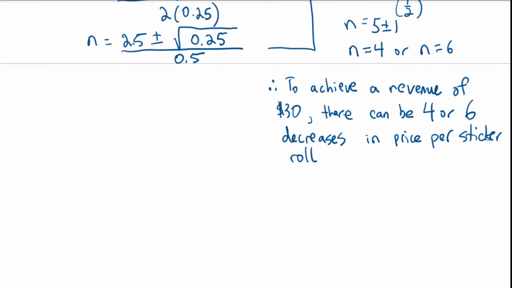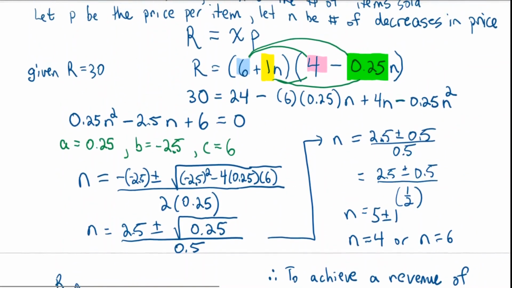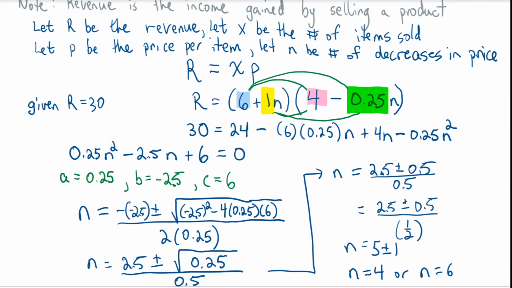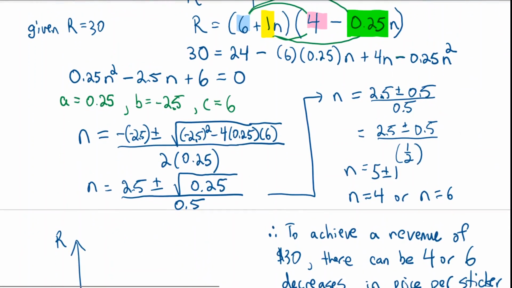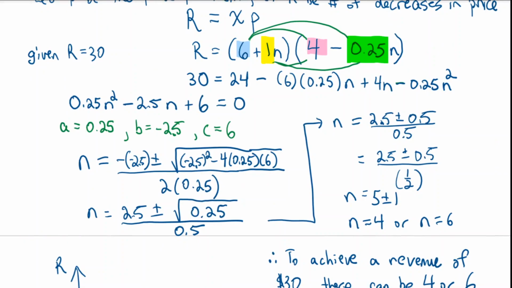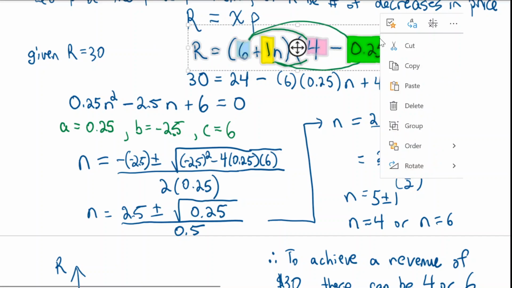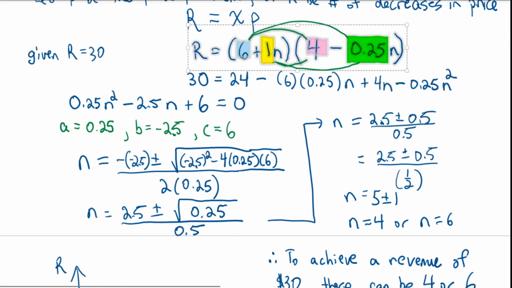So our revenue, R, is going to be graphed against n. Let's take a look here. We have 6 plus n. I'm going to try and copy this down here.